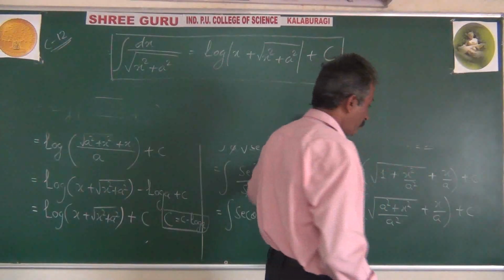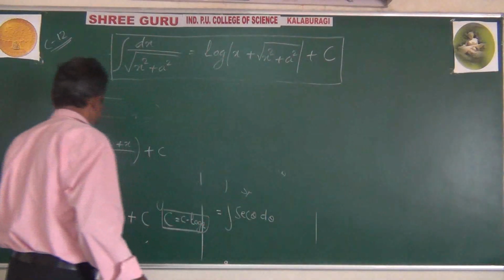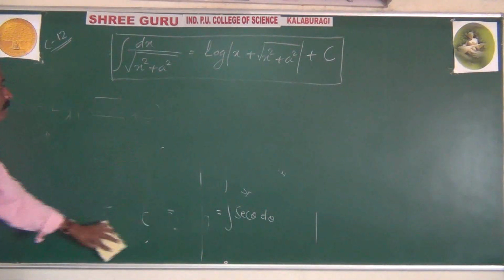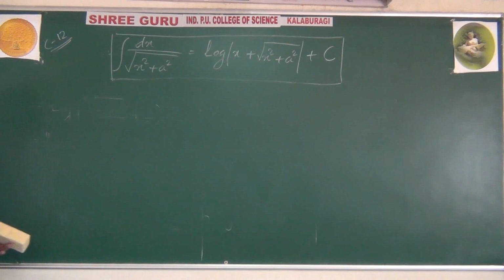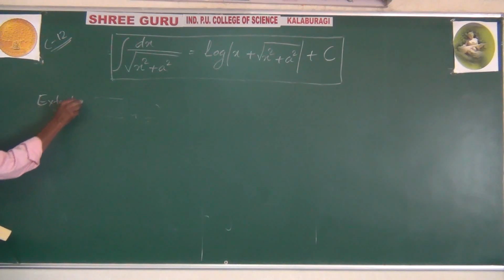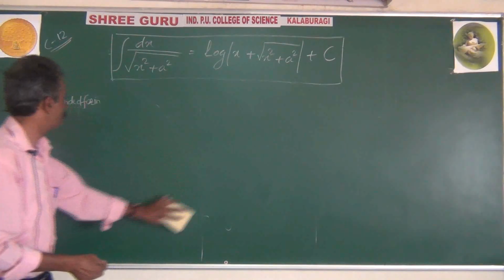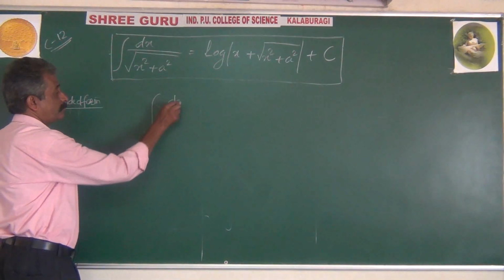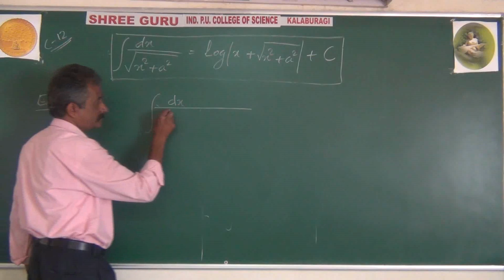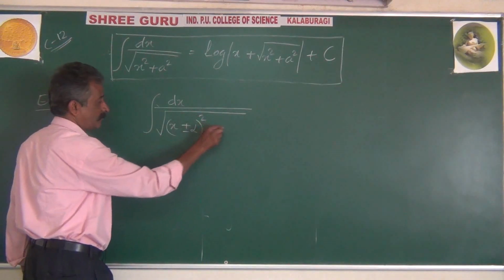You also write its extended form. The extended form is integration dx by square root of x plus or minus alpha whole square plus a square.